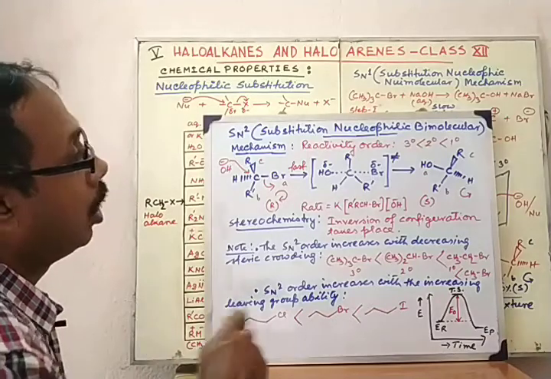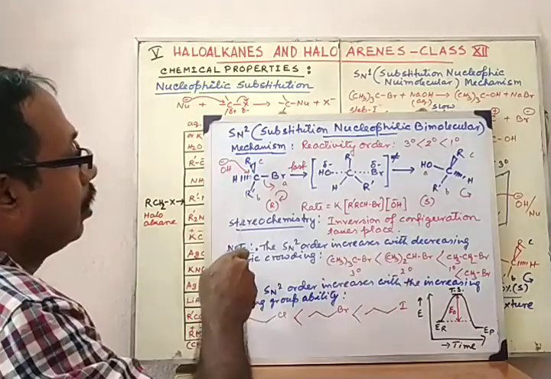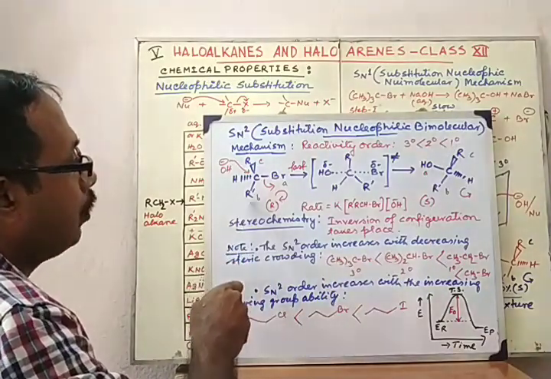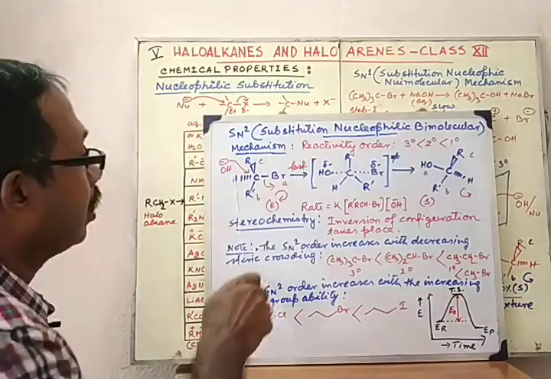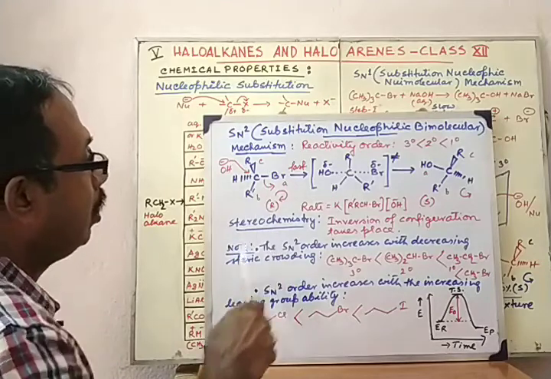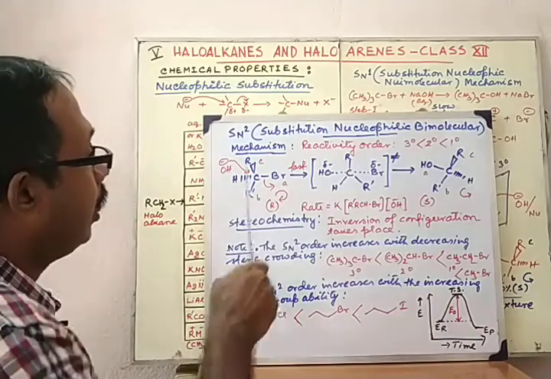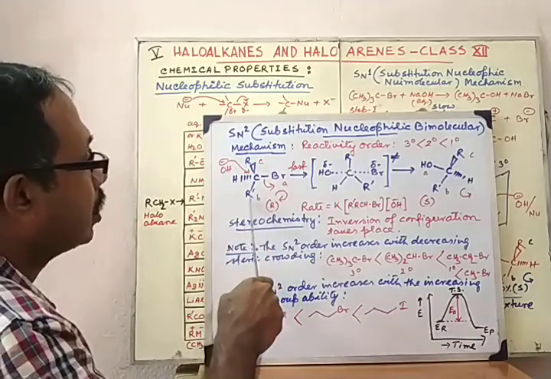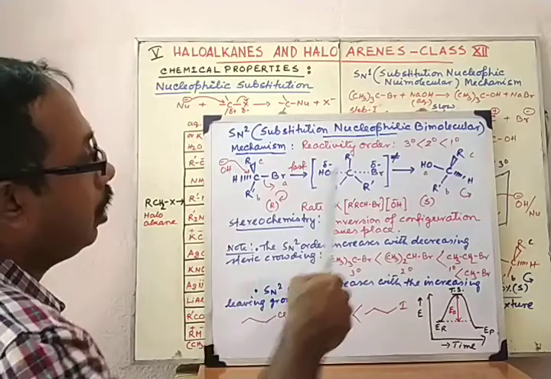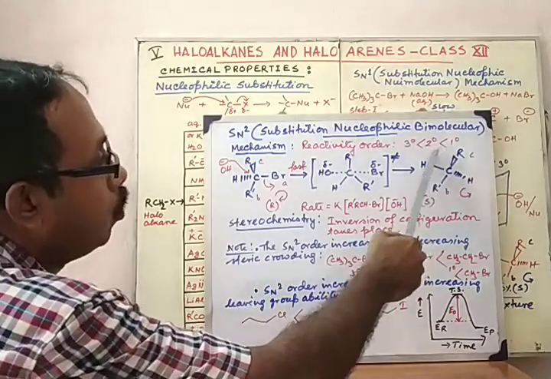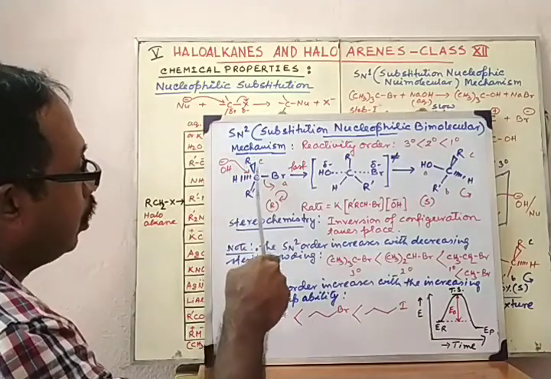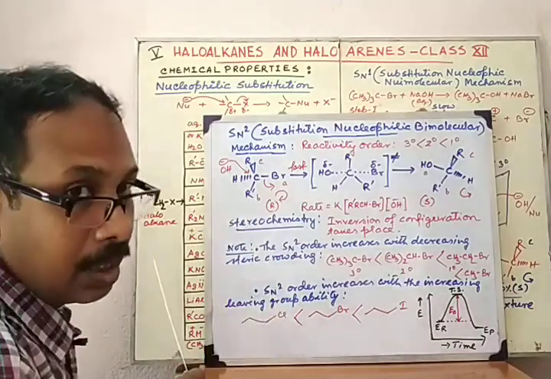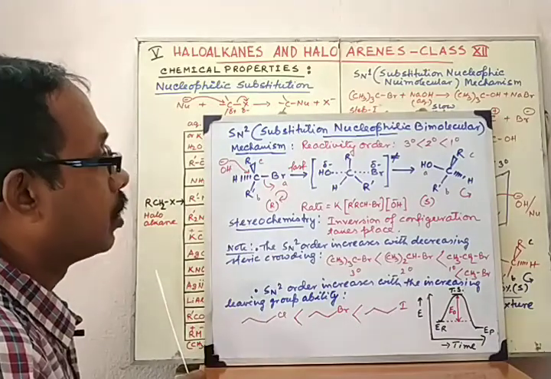Therefore for a 1 degree halide, where all may be hydrogen, being a smaller group, the nucleophile will easily attack this active center and the leaving group can leave. Then if the groups here are bigger in size, as we gradually move from 1 degree to 2 degree to 3 degree, the size of these groups increases, and due to higher steric hindrance, the reactivity decreases.